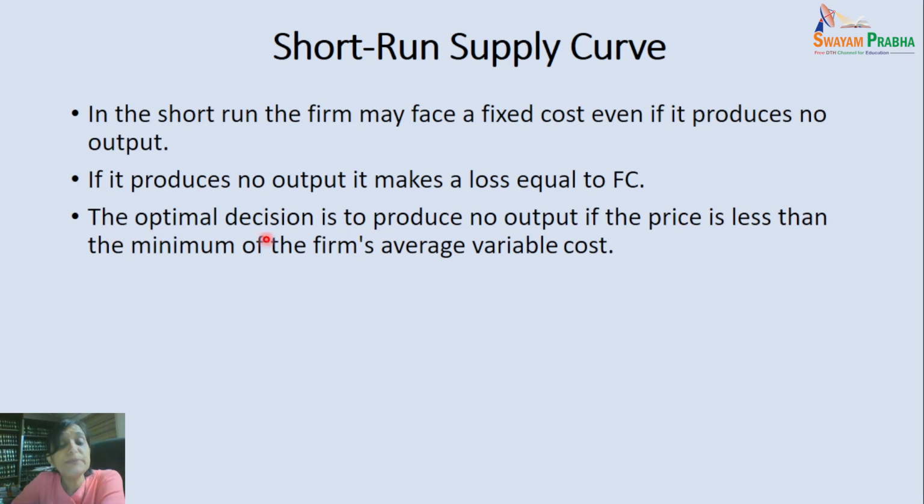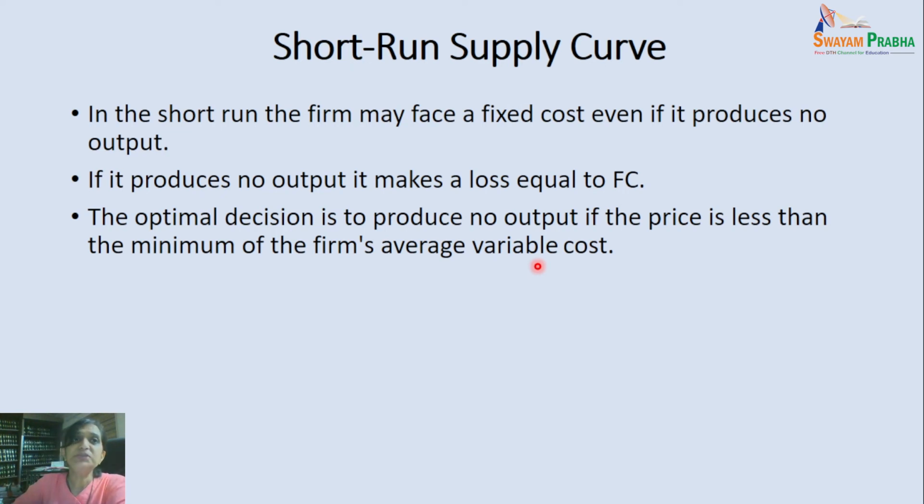So the optimal decision is to produce no output if the price is less than the minimum of the firm's average variable cost. Why? Because if the firm is earning a loss, that is, its revenue is less and its cost is more, if it doesn't produce anything, it will only incur a loss equal to its fixed cost.